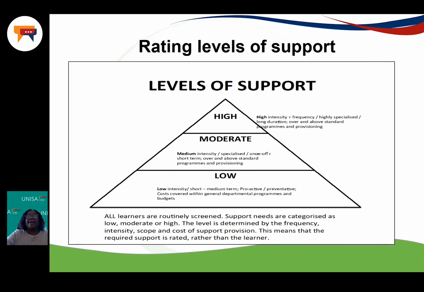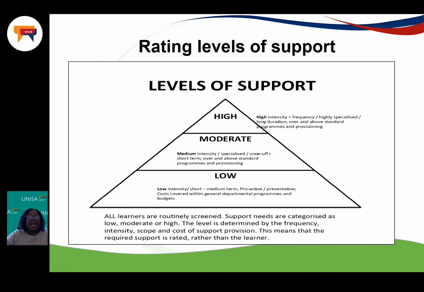This diagram, or graphical presentation, only shows the levels of support. It's just a summary of what I've already elaborated on. We have the high level of support, which is at special schools, moderate support, which is at full-service inclusive schools, and the low level of support, which is offered at ordinary schools.